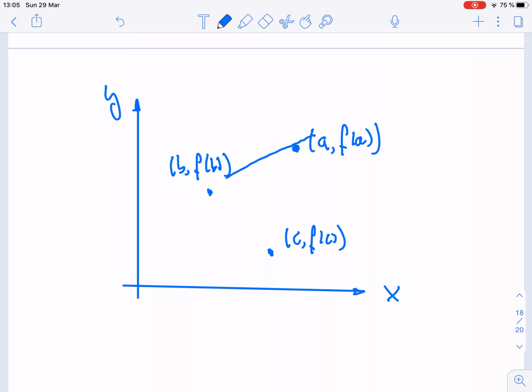So an inverse quadratic function would look something like this. And this is our next iterate, xk plus 1.